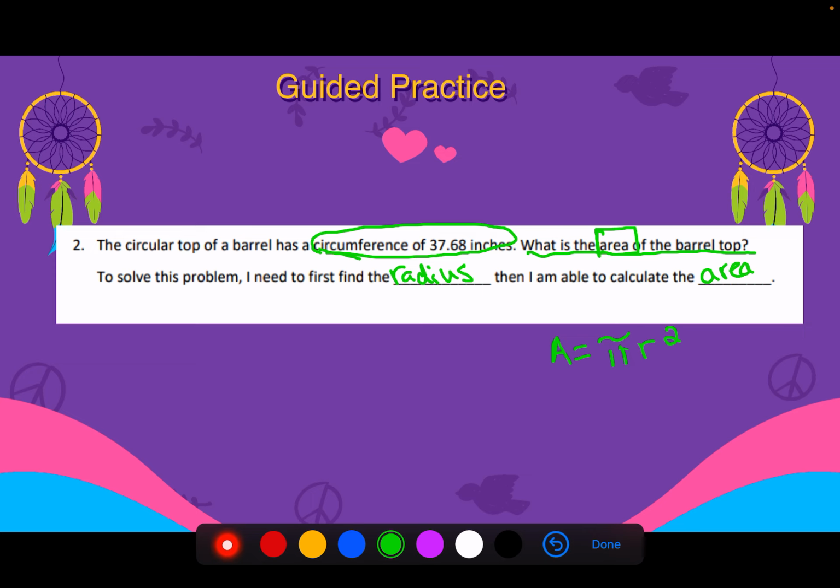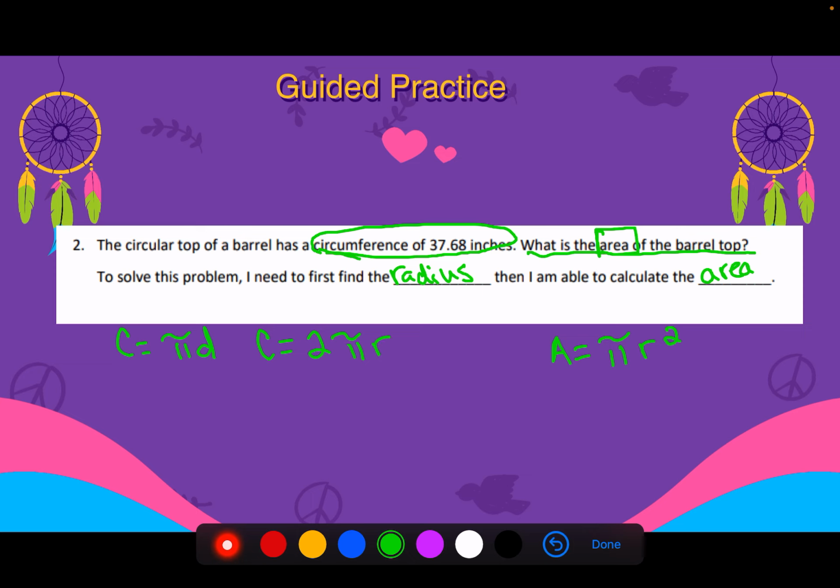So now let's go ahead and start with our circumference formula, okay? For circumference, we have two formulas. The first formula is C equals pi times diameter. But our second formula is C equals 2 pi r.